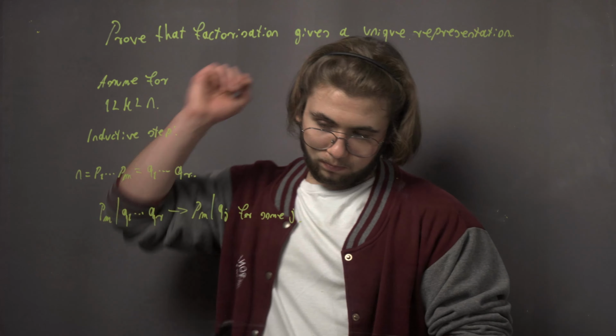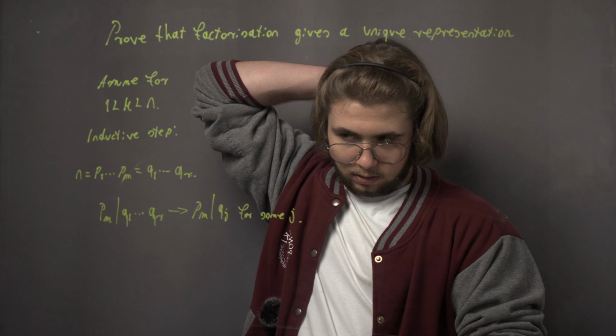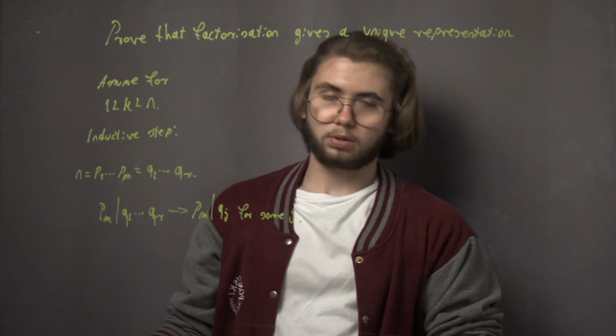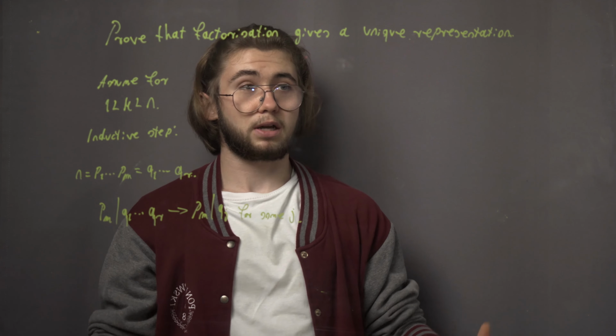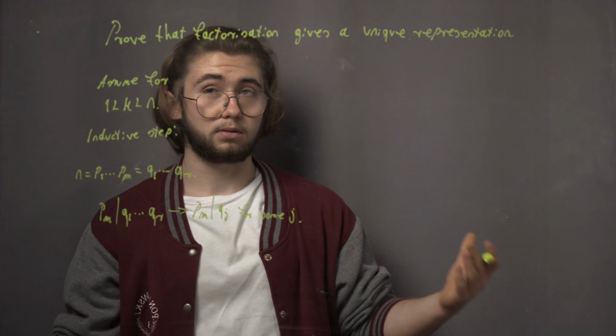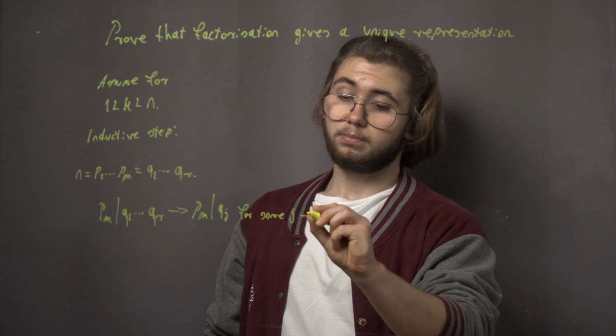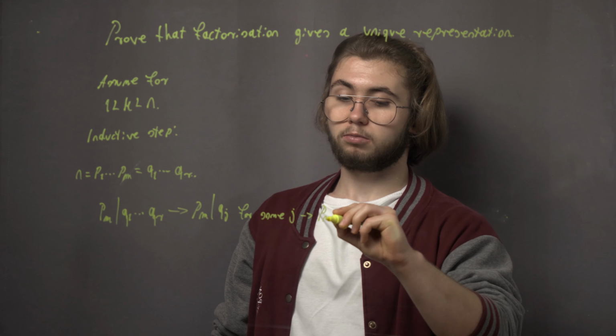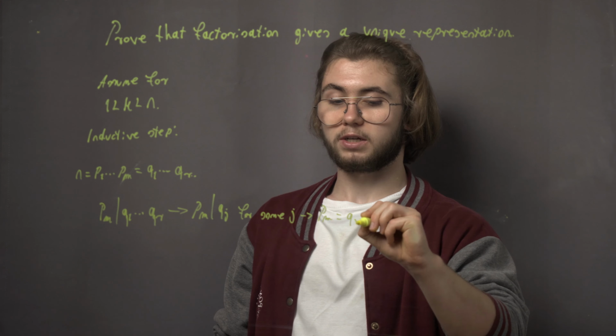And that's actually pretty neat, because if those are both prime numbers, and prime numbers can't have any divisors apart from itself and 1, but prime numbers cannot be 1 either, it will mean that pm will actually be equal to qj.